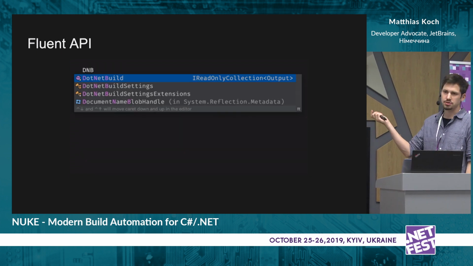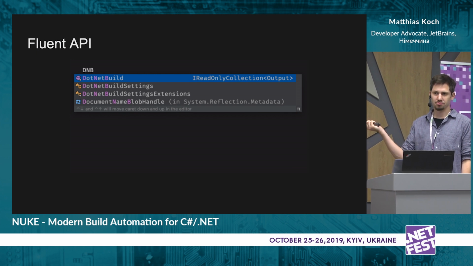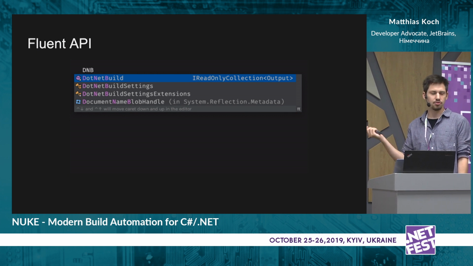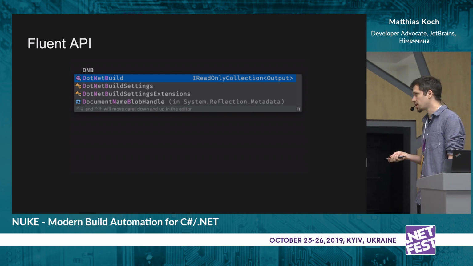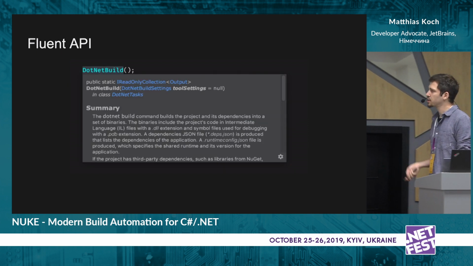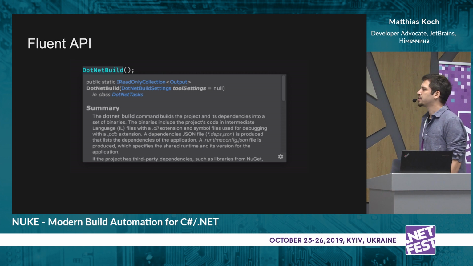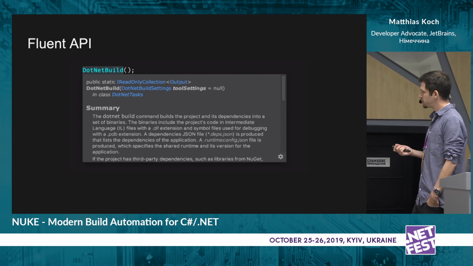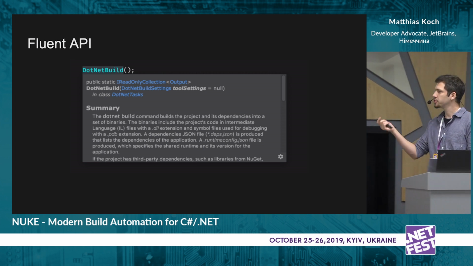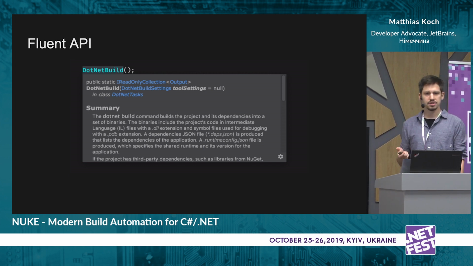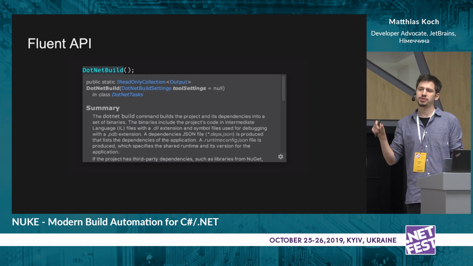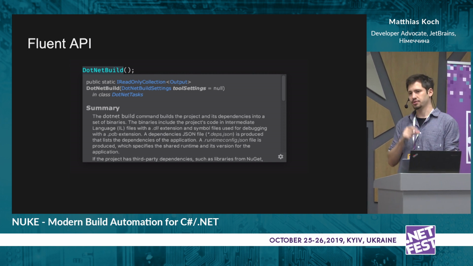But first, you also see code completion, something that Cake or Fake would miss in certain IDEs. Now we can complete to DotNetBuild, and something immediately noticeable is that we have a summary which is the very same as the documentation on the website.